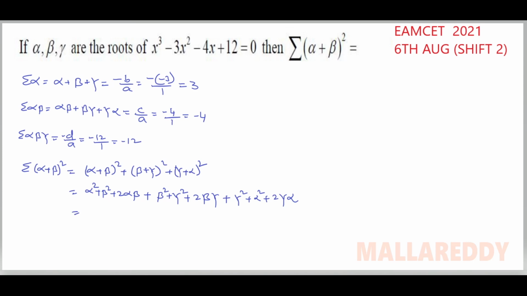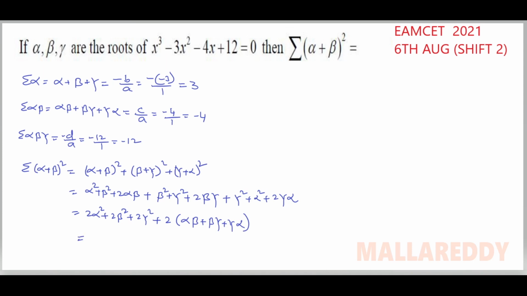That is equal to 2 alpha² + 2 beta² + 2 gamma². Let's take 2 common, plus 2 (alpha beta + beta gamma + gamma alpha).